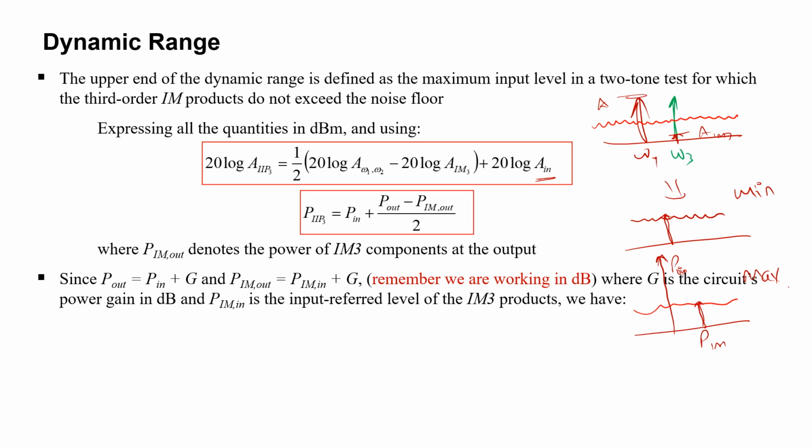Since P out is equal to P in plus G, if we talk about these values in dB, then this is true. Otherwise, generally P out is G times P in if we are talking about power in watts, and PIM out is PIM in plus G. Remember, we are working in dB.